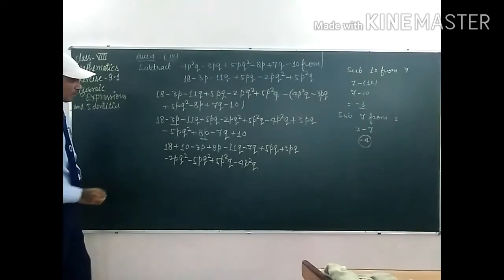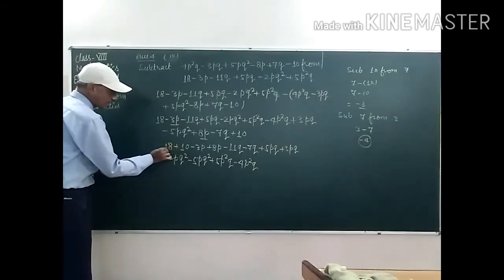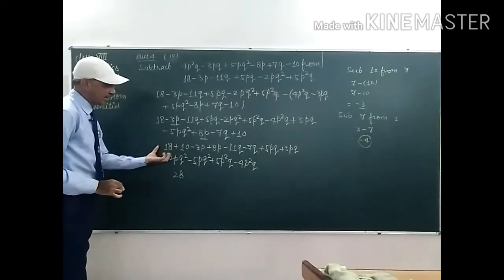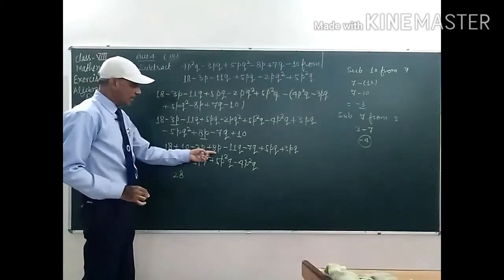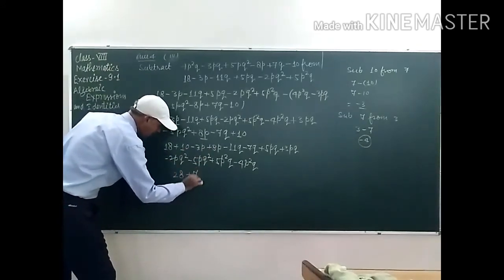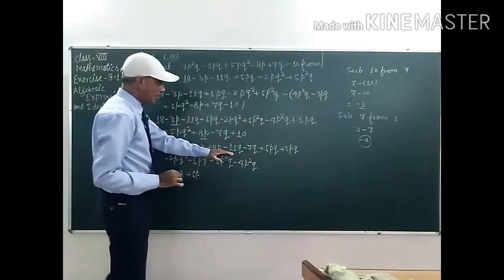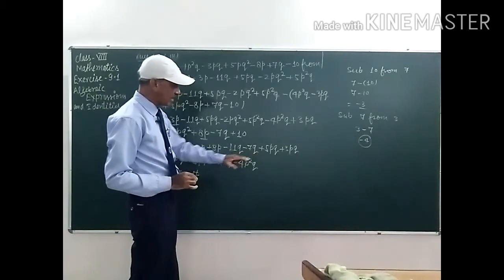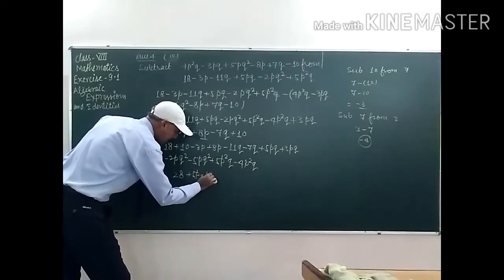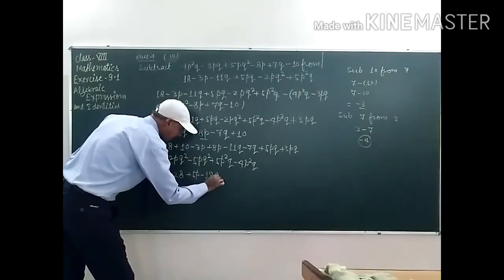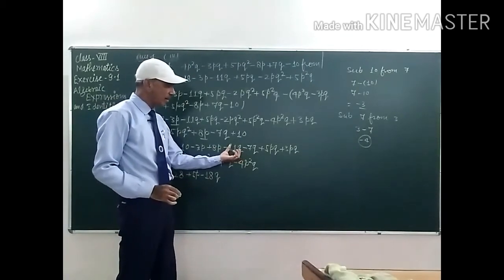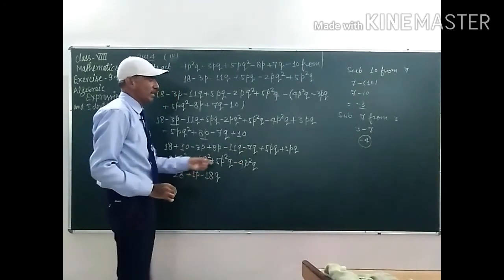Last step, this one 18 plus 10 is 28, because these are like terms. So 8p minus 3p is plus 5p. Minus 11q and minus 7q is minus 18q. Students, negative and negative get added together and the sign remains negative.